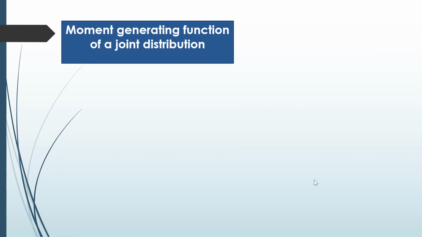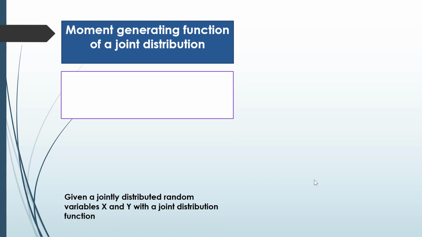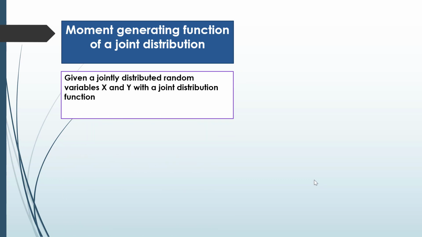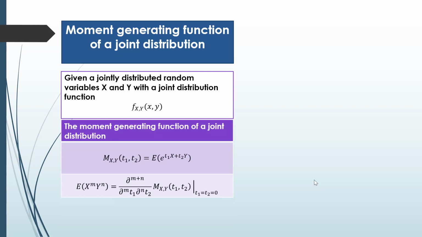Moment generating function of a joint distribution. Given jointly distributed random variables x and y with a joint distribution function f xy of x, y, the moment generating function of a joint distribution is M xy at the point t1, t2 equal to the expected value of e to the t1 x plus t2 y.